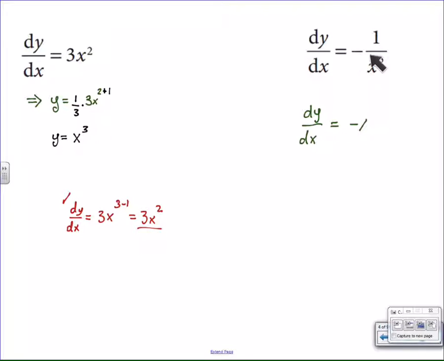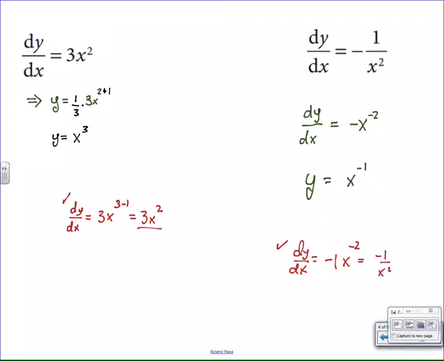So it's not really that difficult to see. Here, before we do this, because I'm afraid of quotients, I'm going to make this negative x to the negative 2. Now when I antidifferentiate, this is the tricky part. I've got to remember the power goes up by 1, not down. And up from negative 2 is negative 1. And so we're going to divide by that new exponent, divide by negative 1, which is why we have positive x to the negative 1.